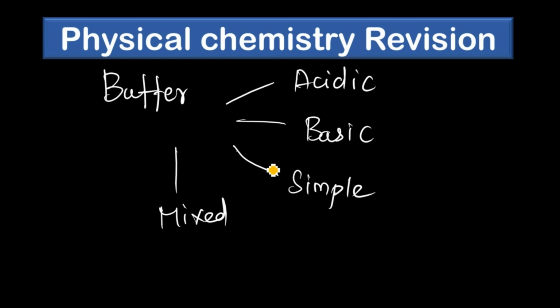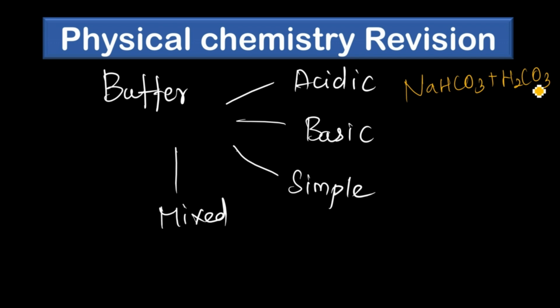The mixture contains an equimolar amount of weak acid and its salt with a strong base. For example, if I'm having sodium bicarbonate with carbonic acid, and sodium acetate with acetic acid.